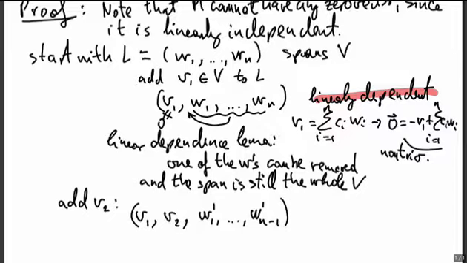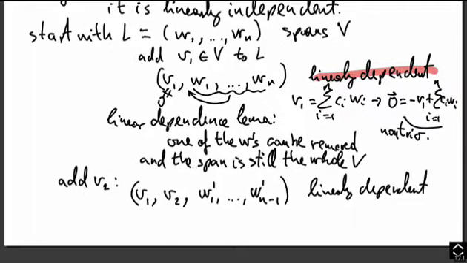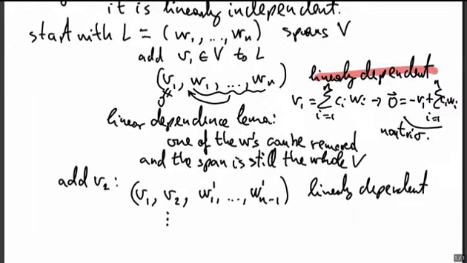Again, this becomes linearly dependent, which means that again we can remove one of the vectors. So we continue this process.